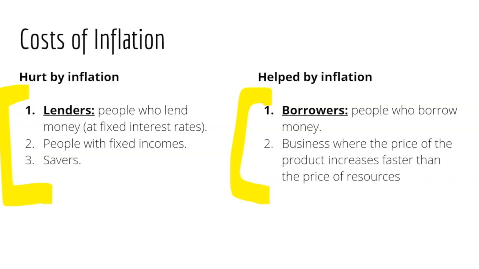And lastly, businesses, where the price of the product increases faster than the price of resources, are also helped by inflation because they're technically gaining more profit, because they're not paying as much for the resources anymore while they're charging higher prices to account for inflation.